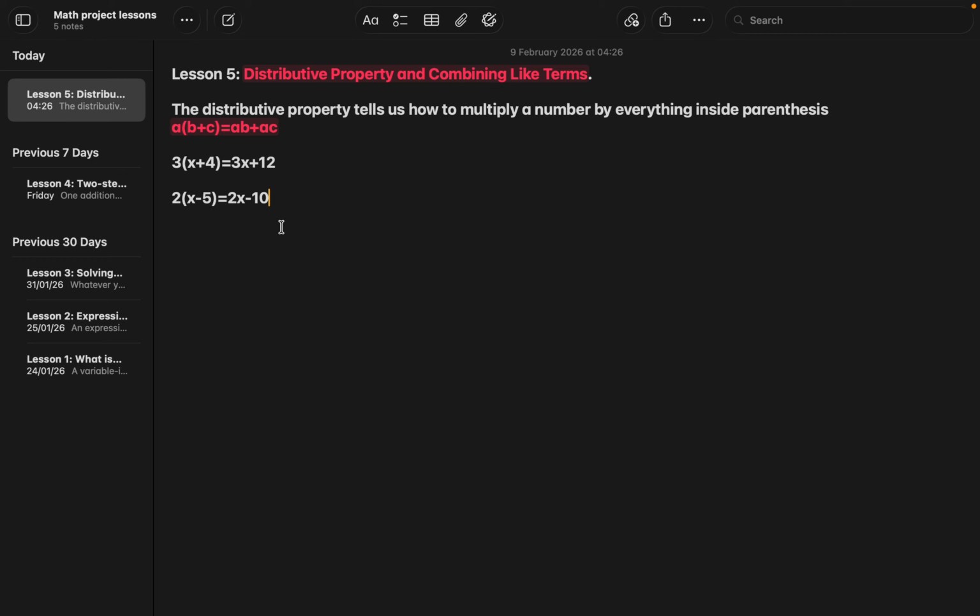A common mistake many beginners make is that they do this incorrectly, like 3 times the quantity x plus 4 equals 3x plus 4.